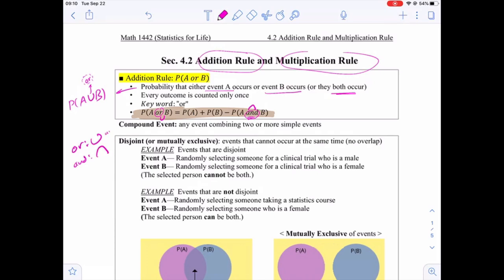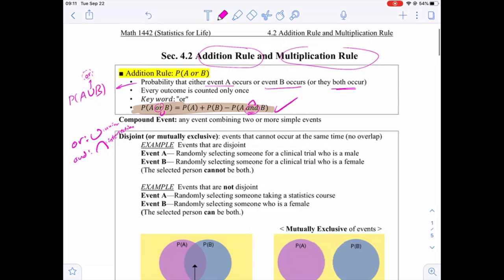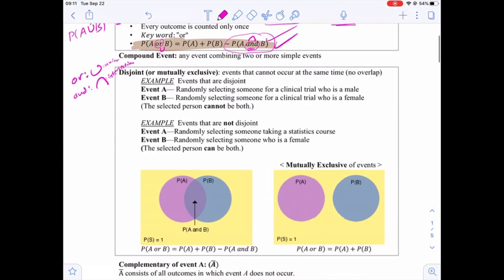This is union, this is intersection. This is the rule that we usually apply. If the two events are separate or disjoint, then this probability is 0. We don't need this part because A does not intersect with B, so we just ignore it.